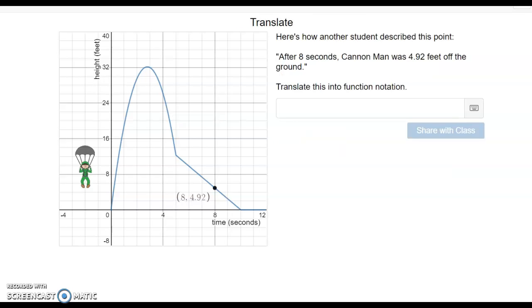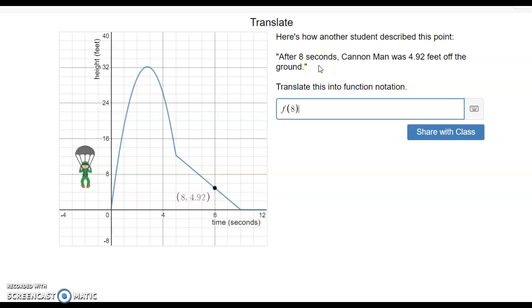So now we're on the 7th slide. We're going to translate words that a student described. After 8 seconds, Cannon Man was 4.92 feet off the ground. So how would we write that in function notation? f of 8, because that's how many seconds there are. That's my x.